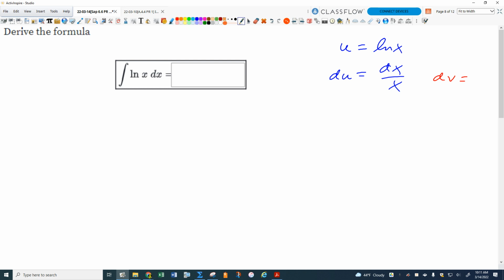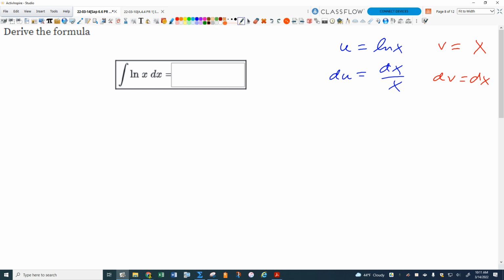What's left? dx, 1 dx, right? So then what's v? What's the antiderivative of 1 dx? x.